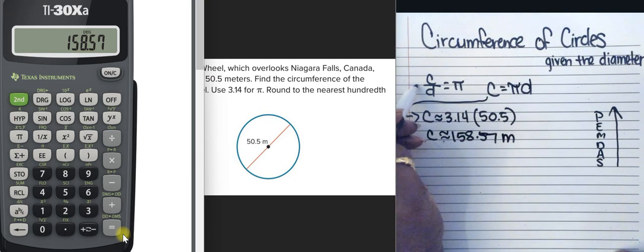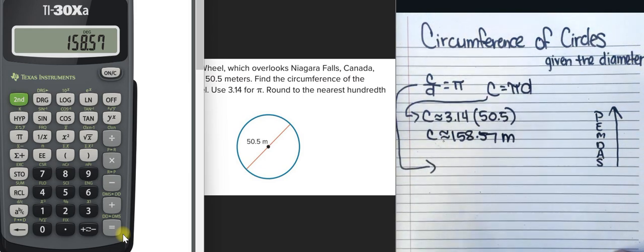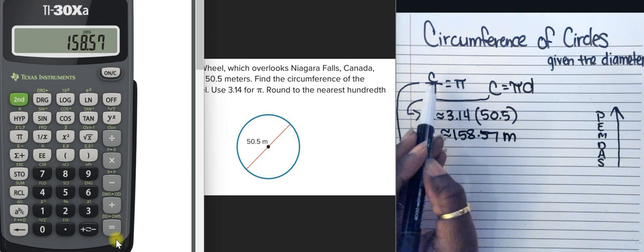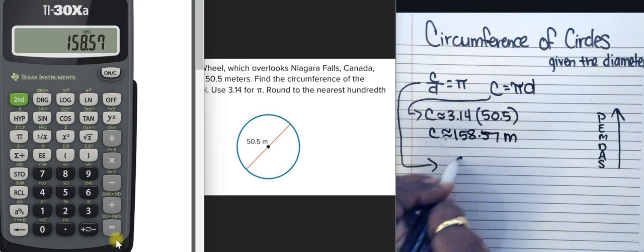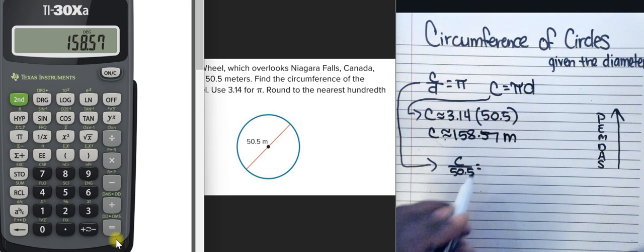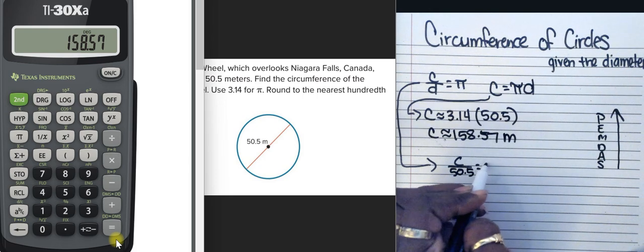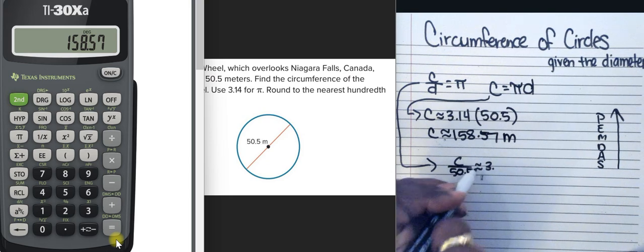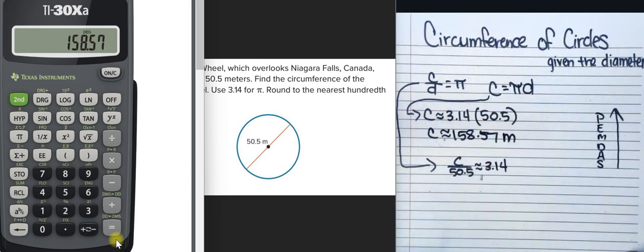Now the other way. All right, so the second way that I'm going to solve it is isolating the variable. So we have our circumference, which is what we are trying to solve for, so I'm going to leave my C. The diameter is going to be 50.5, and that is going to be equal to pi, and pi is going to be replaced with, we're going to make that approximately because we're replacing it, 3.14.